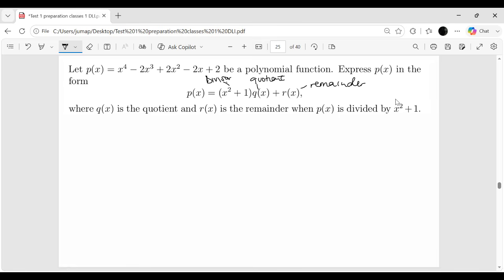So we have the divisor, which is x squared plus 1. Then we have the polynomial function, which is this one. Okay, so what I'm going to do is say the divisor is x squared plus 1.